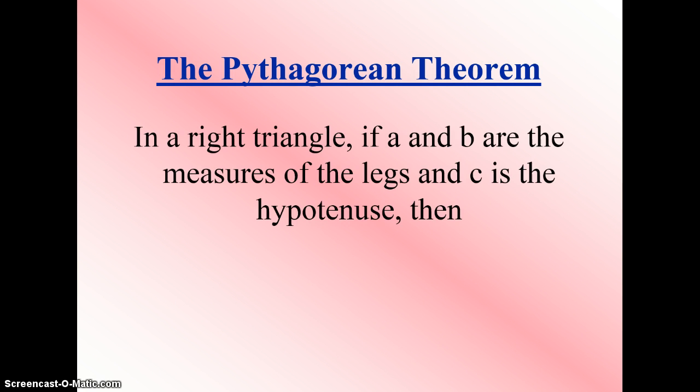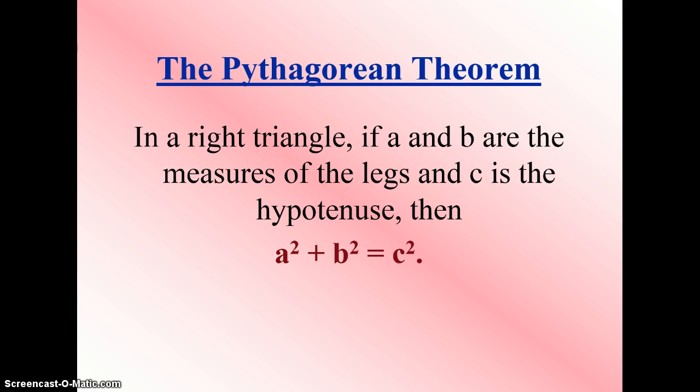Okay. So here is the Pythagorean Theorem, which is our focus for today. In a right triangle, if A and B, and we'll talk about what the variables A and B will identify in the right triangle, if A and B are the measures of the legs, and C is the hypotenuse, then here's that famous formula.